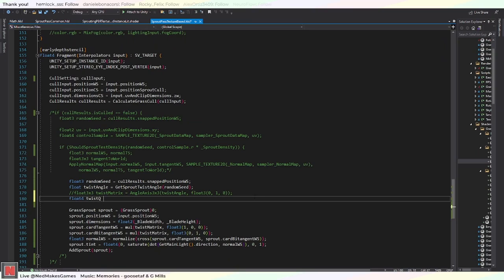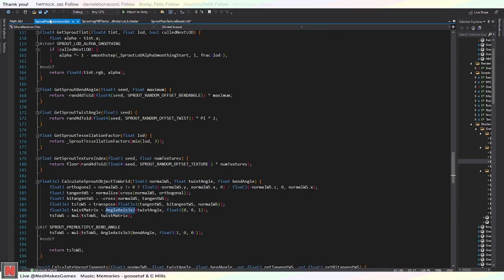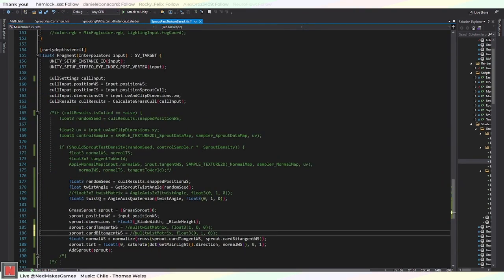Twist Q equals angle axis. And then instead of multiply, oh yeah, rotate by quaternion.